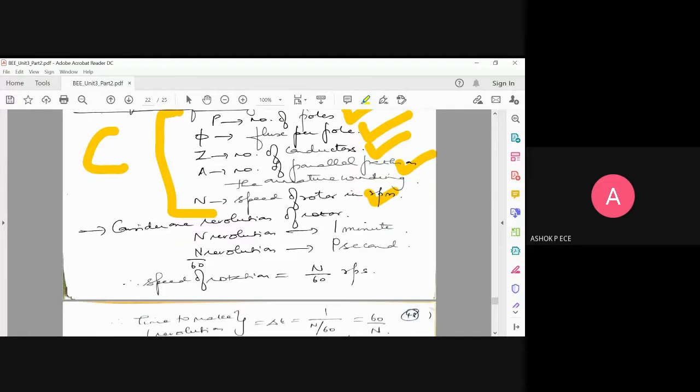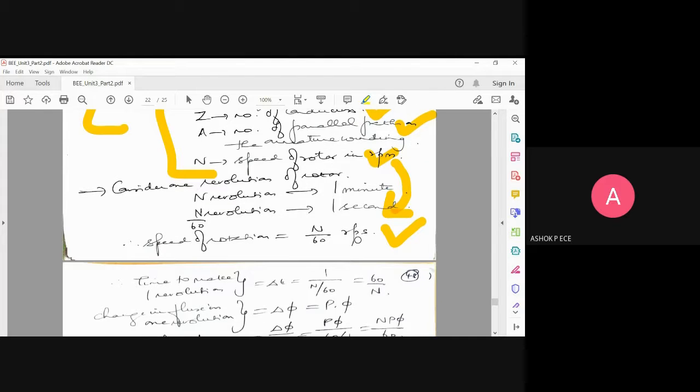So for 1 second it will revolve N by 60, so the speed of rotation is N by 60 rps. If I want to convert minutes into seconds, what will I do? Our speed is given in minutes. For 1 minute, that is 60 seconds, it has N revolutions. So 1 second will have N by 60 revolutions.